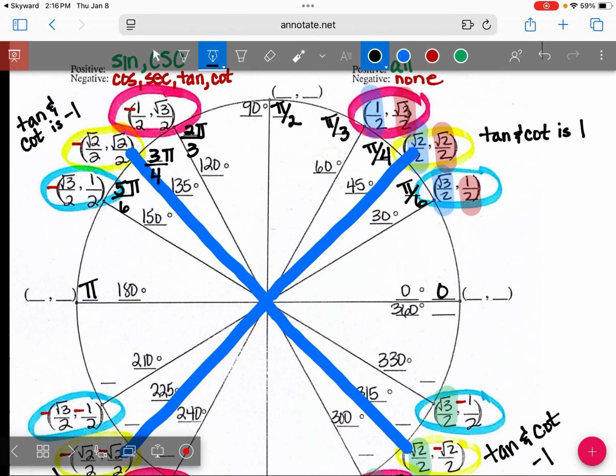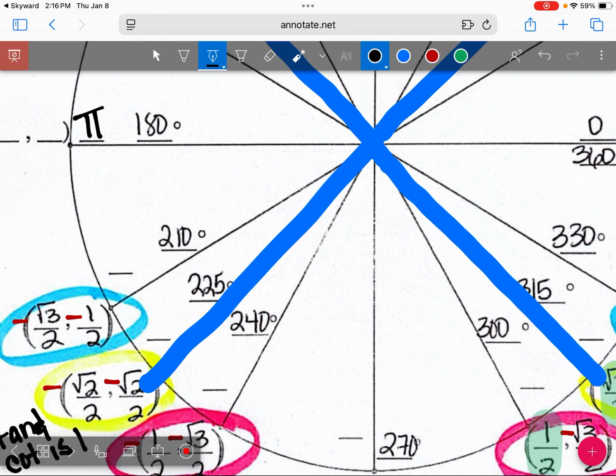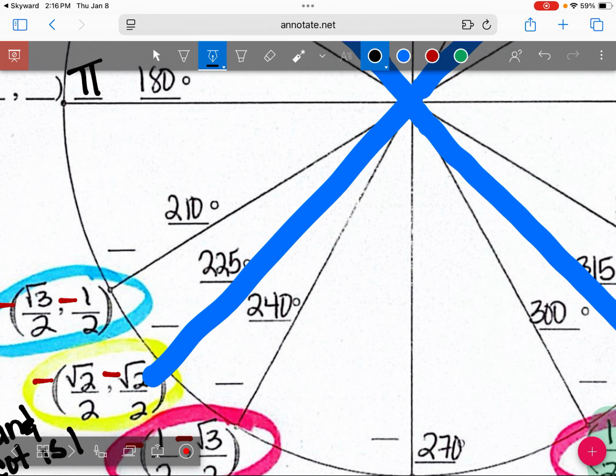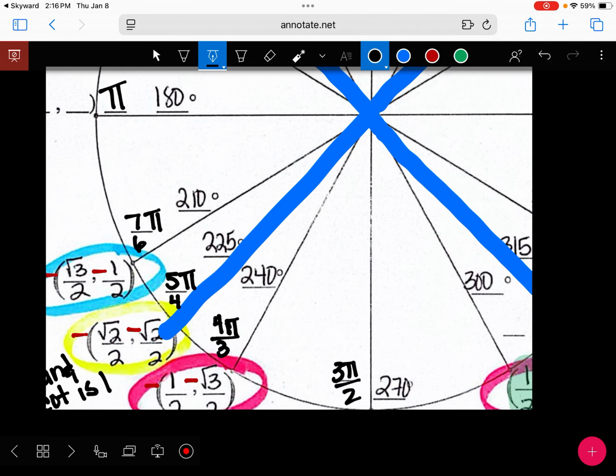All right, let's look at the third quadrant. So this one is 7 over 6, 5 over 4, 4 over 3. See, it's a little bit of a pattern. And 270 is 3 pi over 2. All right.